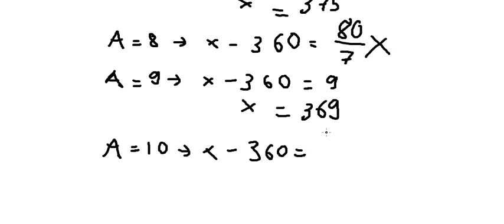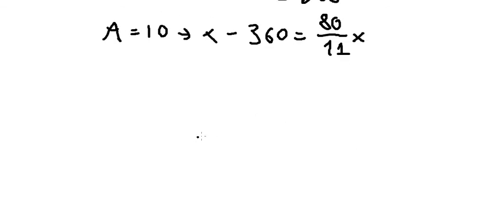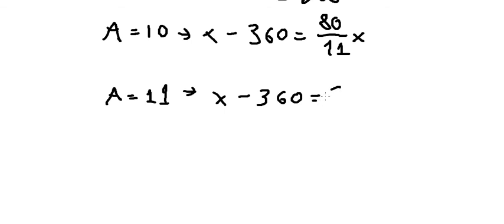You get 80 over 11. This is a fraction. If a equals 11, we divide 720 by 120. You get 6. And you get 366.